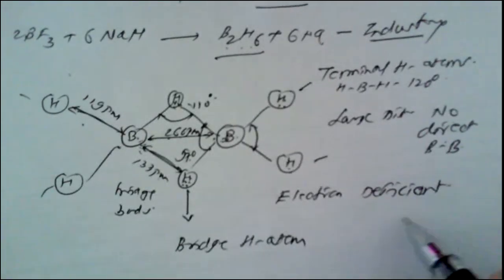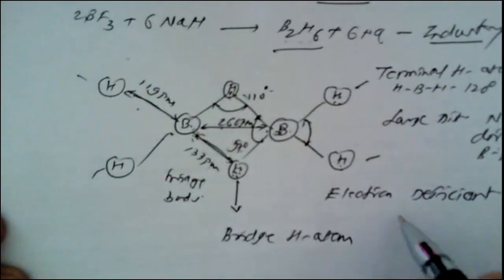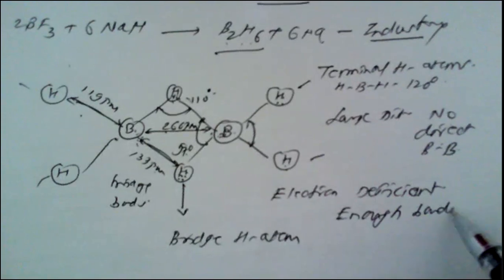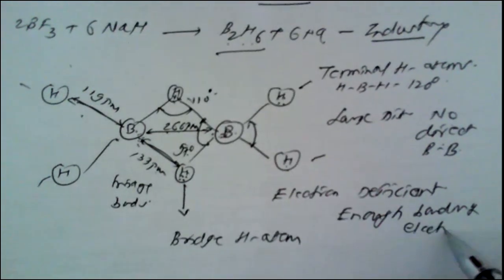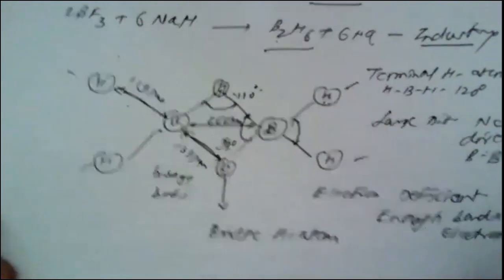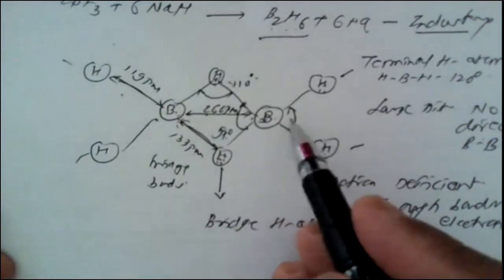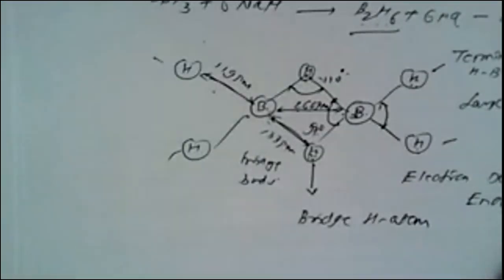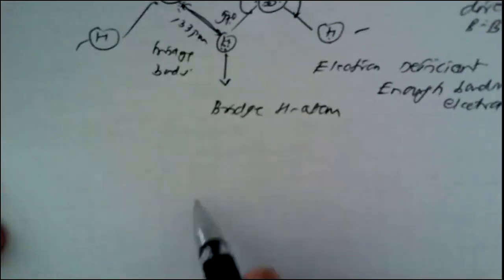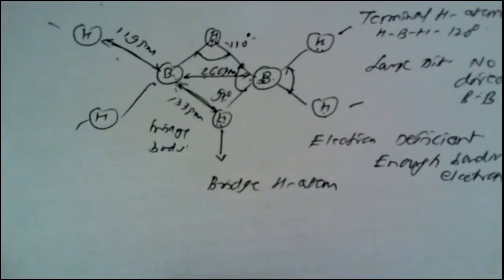That means there are not enough bonding electrons available to join all the atoms together in the molecule, and hence it is an electron deficient molecule. Now, how to explain the electron deficient molecule or the bonding between these? Now you have to draw this diagram also.